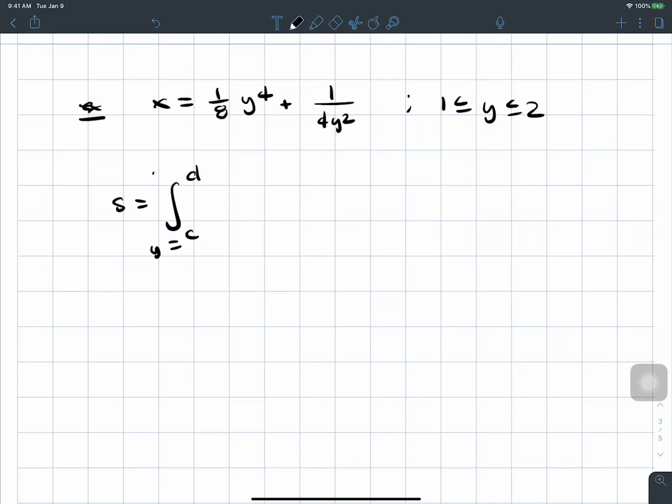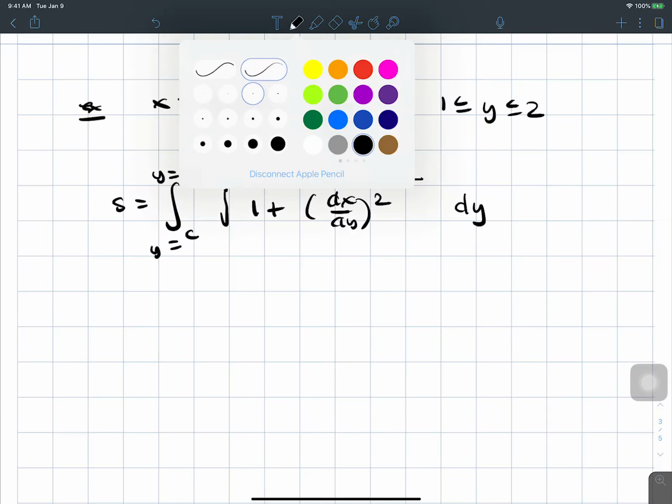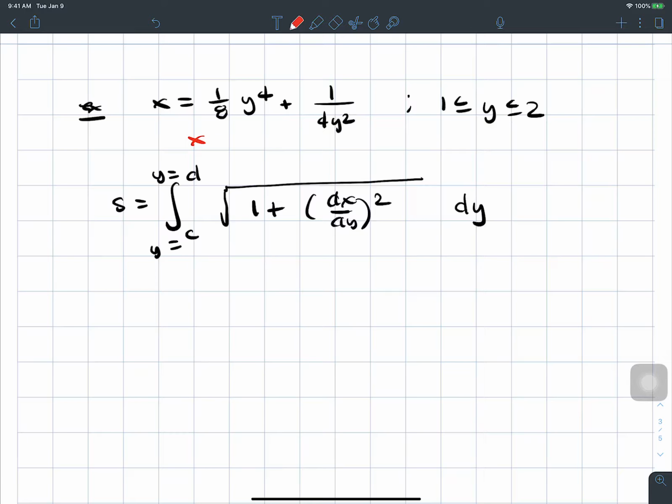So y is c, y is d. It's analogous. 1 plus (dx/dy) squared, and then this will be a dy now. Okay, because what they gave us here is x being a function of g, and c to d there is our interval for y.